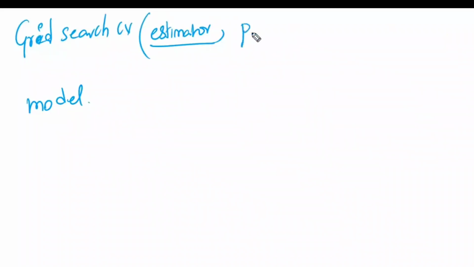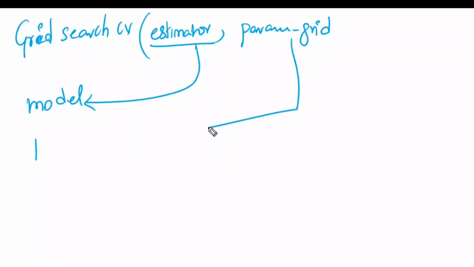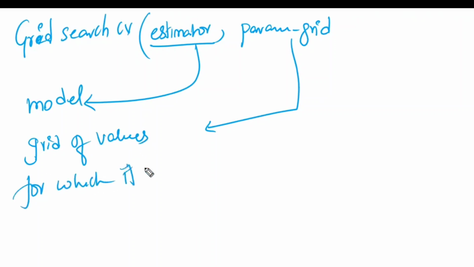Second, the second parameter is called param_grid. Estimator is nothing but the model. Param grid is nothing but a grid of values for which it has to check.